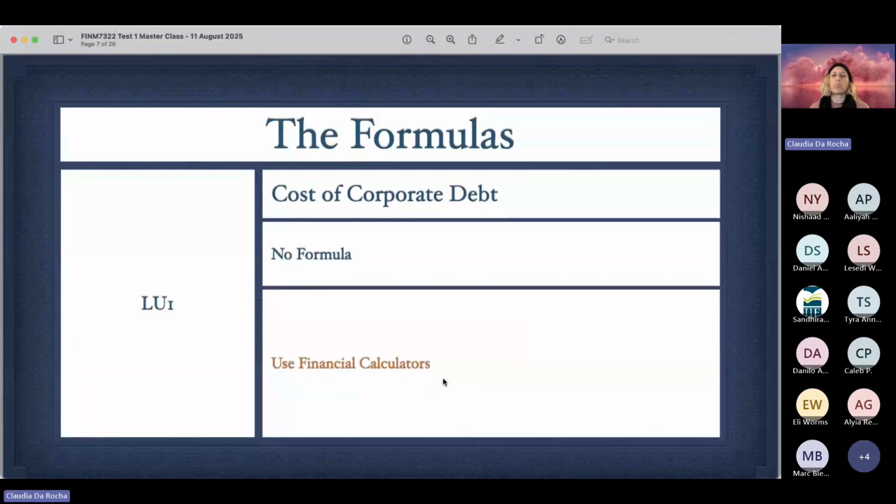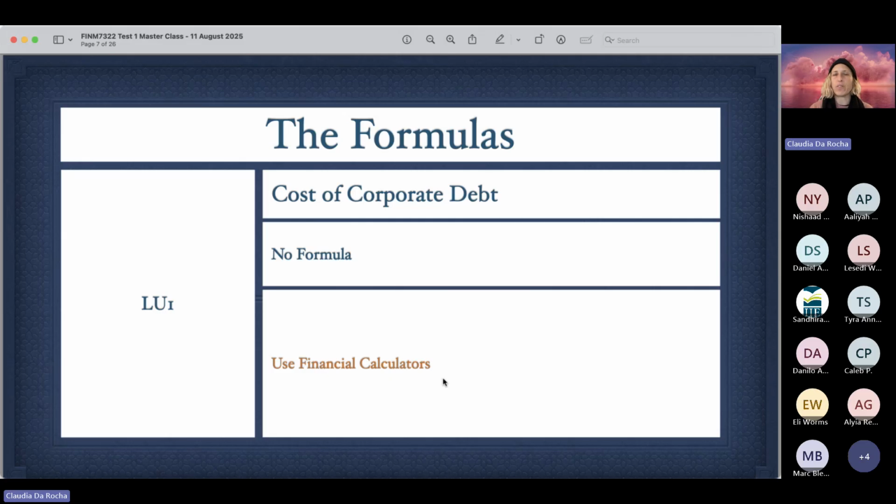Then we have cost of corporate debt, or in other words, bonds. Bonds would have been covered in Financial Management 3A. So this is a follow-on from that learning unit that was covered in that previous module, or in the 3A module. So the same principles apply.